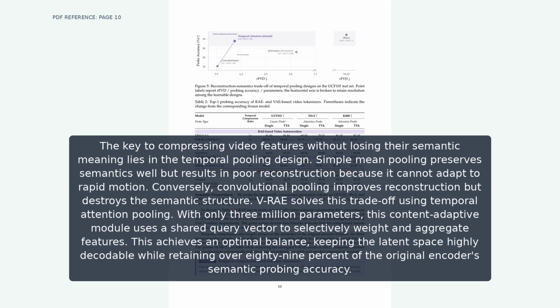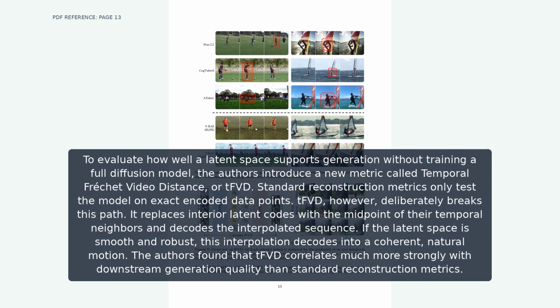With only 3 million parameters, this content-adaptive module uses a shared query vector to selectively weight and aggregate features. This achieves an optimal balance, keeping the latent space highly decodable while retaining over 89% of the original encoder's semantic probing accuracy.